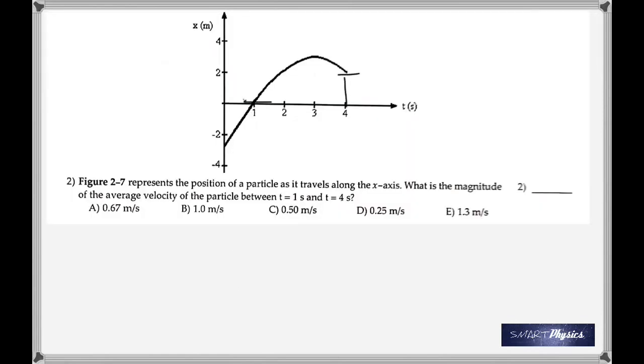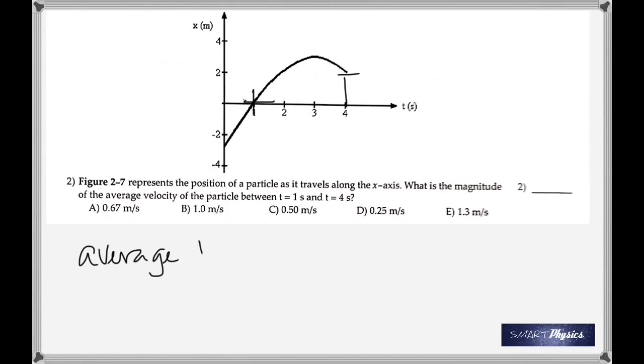In the second question, this is the graph, and you're asked to find the average velocity between 1 second and 4 seconds. If you look at it carefully, you can see that at 1 second the displacement is 0, and at 4 seconds the displacement is 2, which means that total displacement is 2 meters.